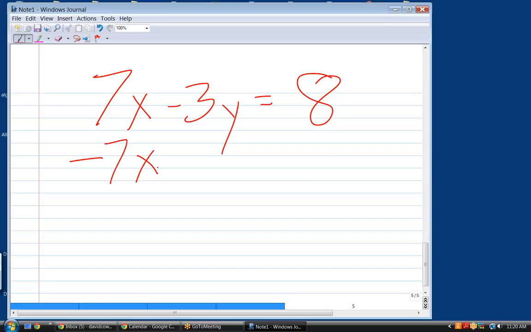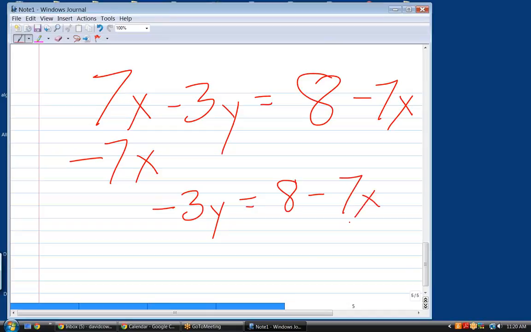There's a difference. So I'm left with what on the left? Negative 3y minus 7x. Okay, and that's as simplified as I can write it at the moment.